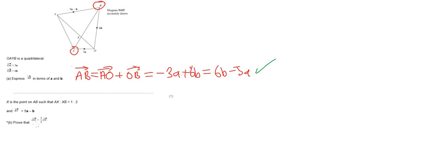Now, I've got to prove that OX is equal to 2/5 of OY. So what's the first thing I need to work out? Well, if this vector OX is 2/5 of OY, I better find out what OY is first. So let's do that. So OY.